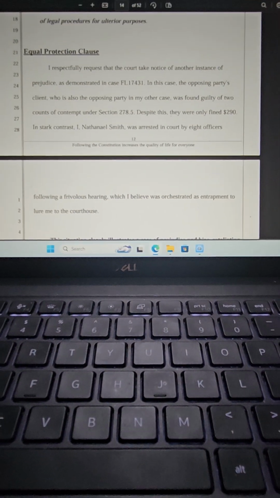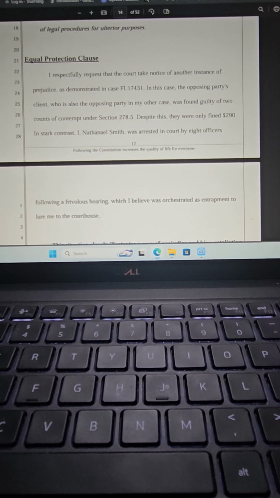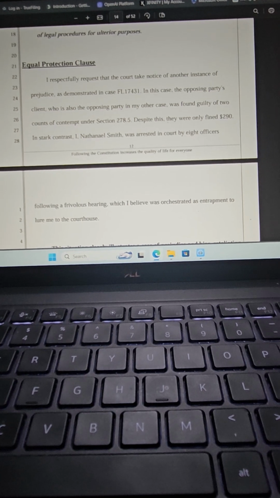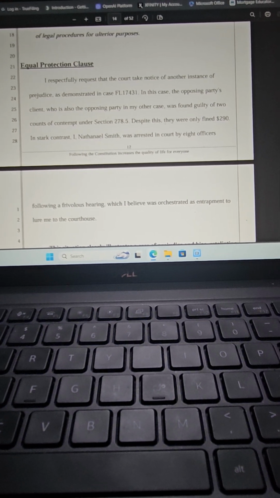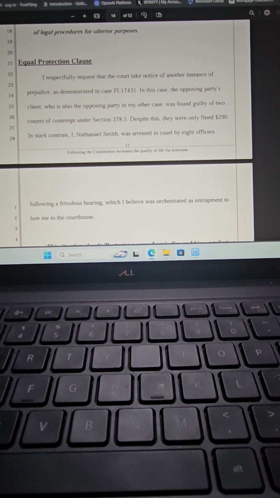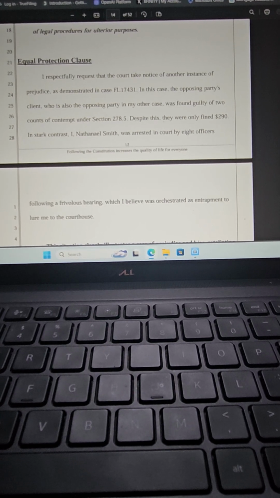Equal Protection Clause. I respectfully request that the court take notice of another instance of prejudice as demonstrated in case FL 17431. In this case, the opposing party's client, who is also the opposing party in my other case, was found guilty of 2 counts of contempt under section 278.5. Despite this, they were only fined $290.